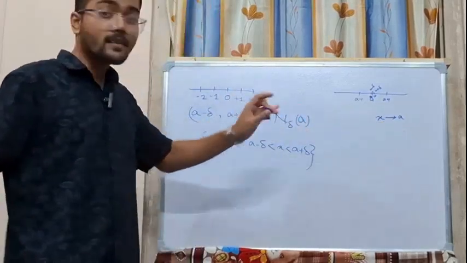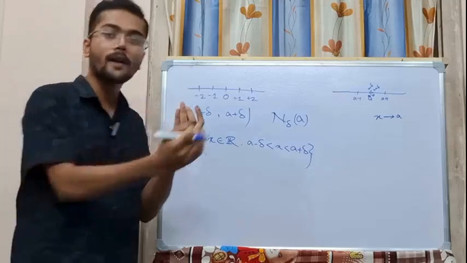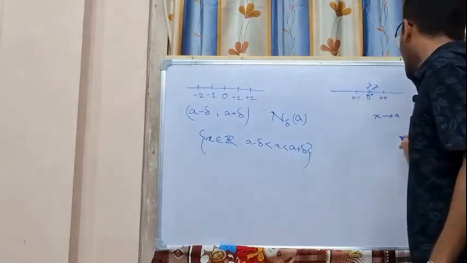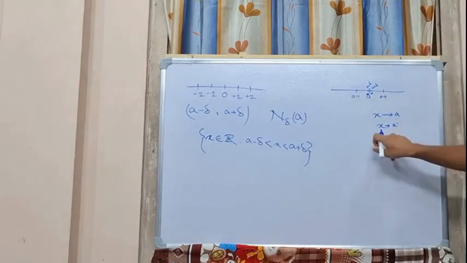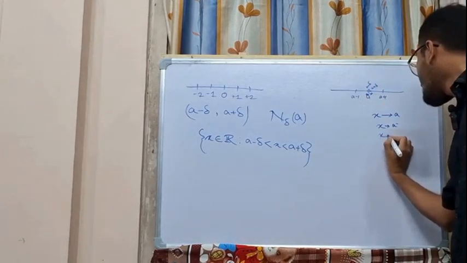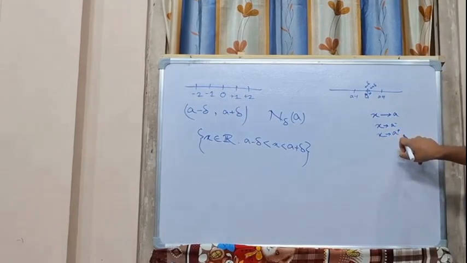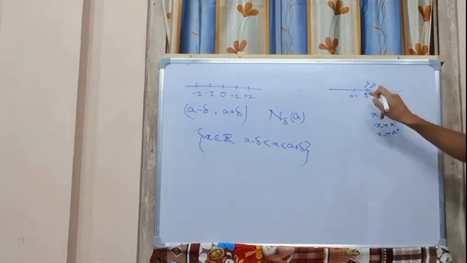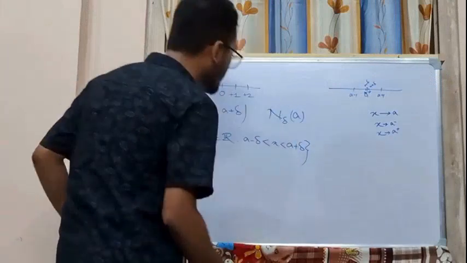That means whether x is approaching A from its left side or its right side. For this we denote it as x tends to A minus if x is approaching A from its left side, and x tends to A plus if x is approaching A from its right side, the greater side. Now we consider a function.